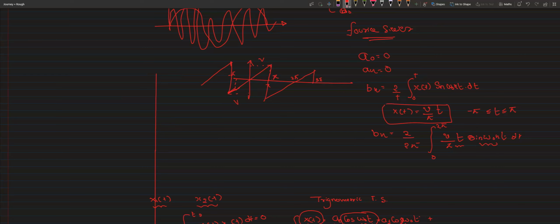If we substitute 2 pi by pi in place of v, that is 2, and if we substitute 0 by pi, then that yields infinity. We are supposed to get the final answer as v by pi n into minus 1 power n plus 1. This is the final expected answer.